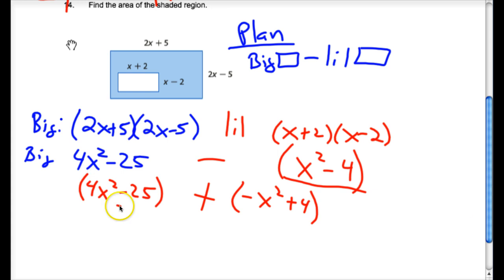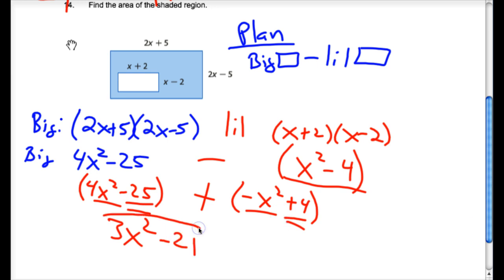But so now let's combine our like terms. 3x squared minus 21. There's the area of the shaded blue region there. Because you subtract negative 4, which is adding positive 4. Don't subtract, guys. Add the opposite.